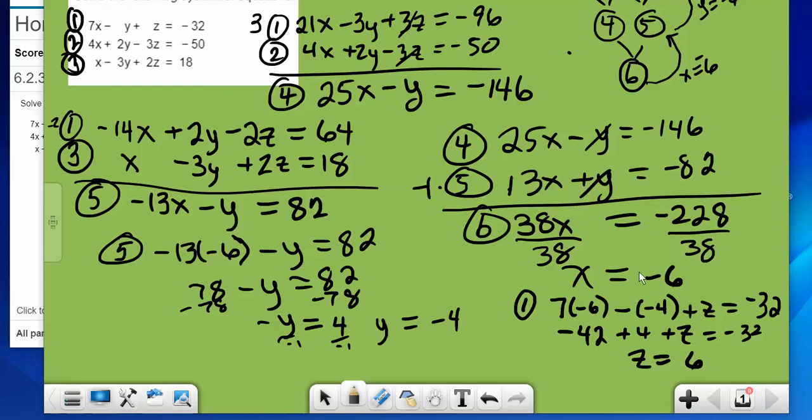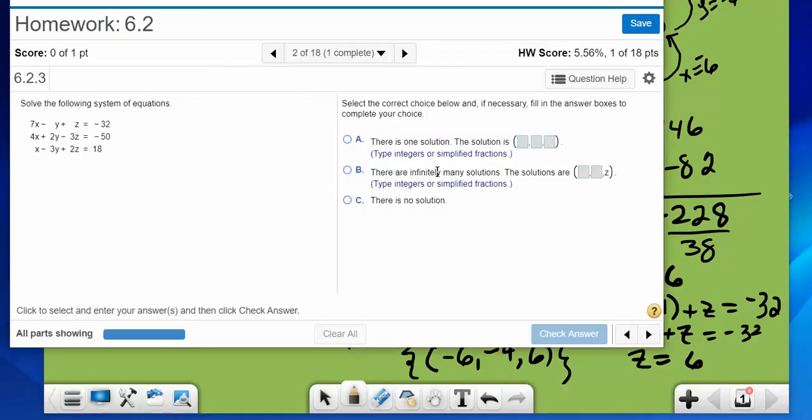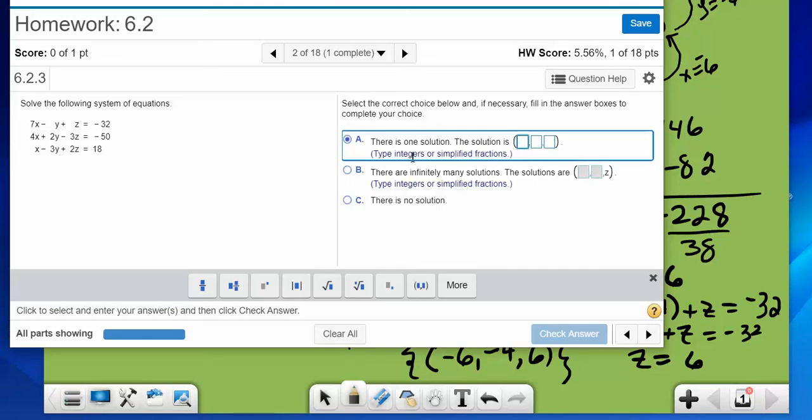So my solution set will be the single point, and it's the ordered triple, right? Because there's x, y, z. So negative 6, negative 4, and 6. So let's see how we did. There's one solution.